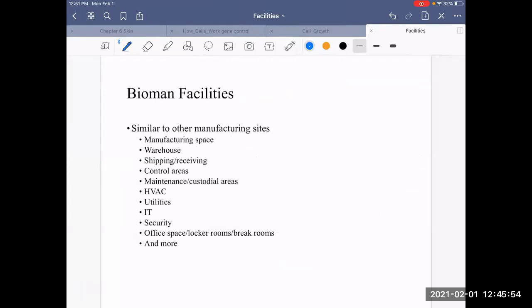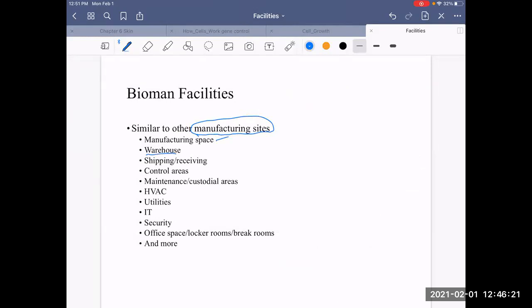Okay, so biomanufacturing facilities are similar to any other manufacturing site, like a car, or, let's see, what I'm trying to think. Usually we use car manufacturing to compare it. So any place where somebody's making something, most of those places have the same sort of setup. They have the place where the manufacturing is going to occur.